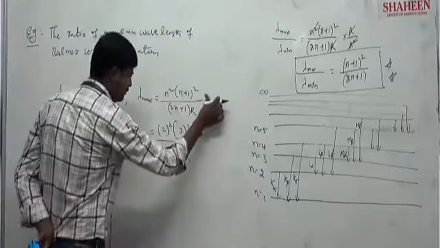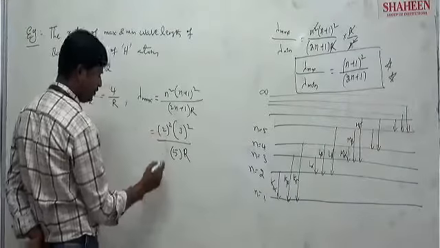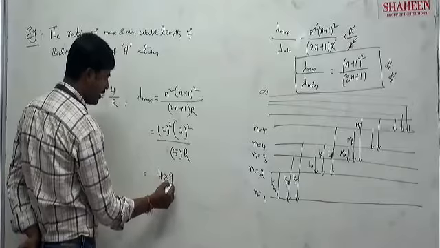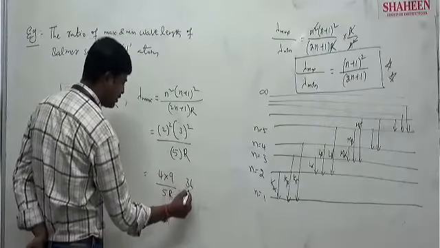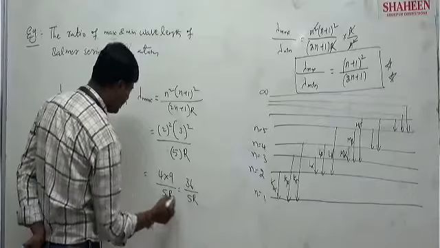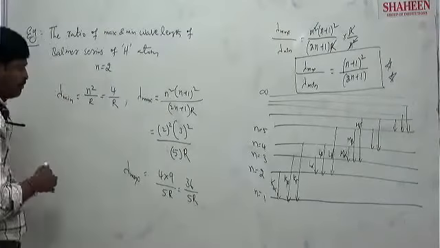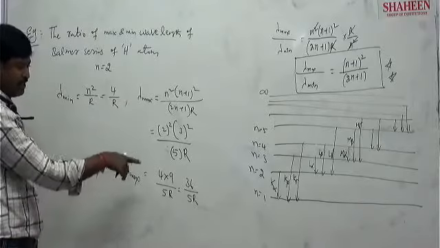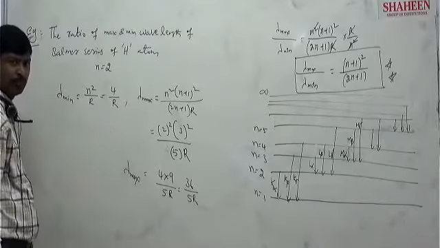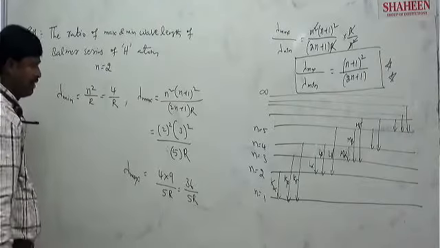So finally this becomes 2 square, 4, into 3 square, 9, by 5 into R, that is 36 by 5R. This is lambda maximum. This is lambda minimum, 4 by R. 36 by 5R means 7.2 by R, and this is 4 by R, so lambda maximum is larger numerically also.